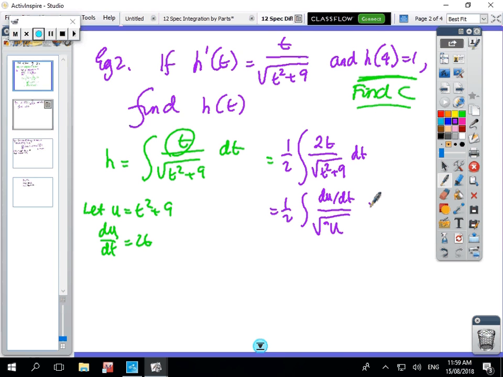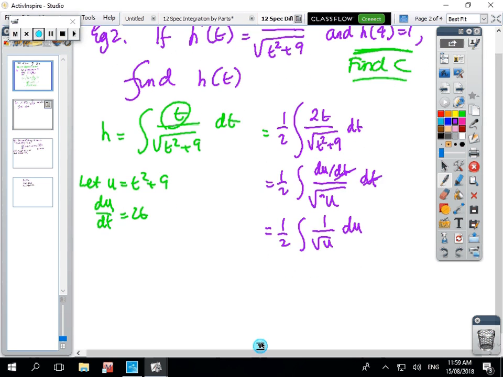So it's actually not going to be a tan minus 1 function, it's just going to be an f dash x function. Then the dt's cancel out. So I've got a half, 1 over root u du, so it's not tan minus 1.